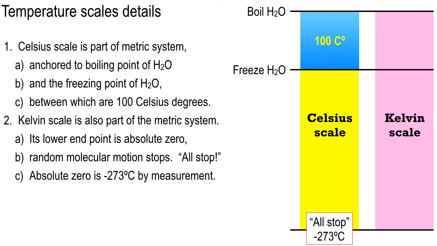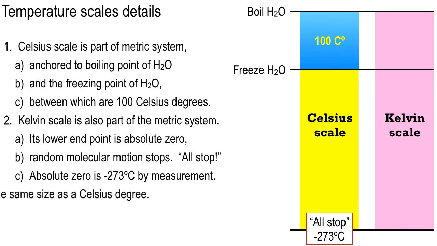Now, by measurement in Celsius degrees, that absolute zero is at about negative 273 Celsius. I think it's like negative 273.15 or something like that. Okay? You can look that up. But negative 273 is good enough for government work, and that's what we're going to do.